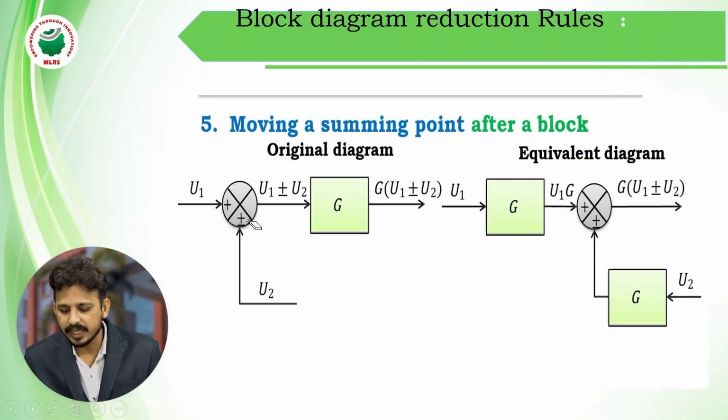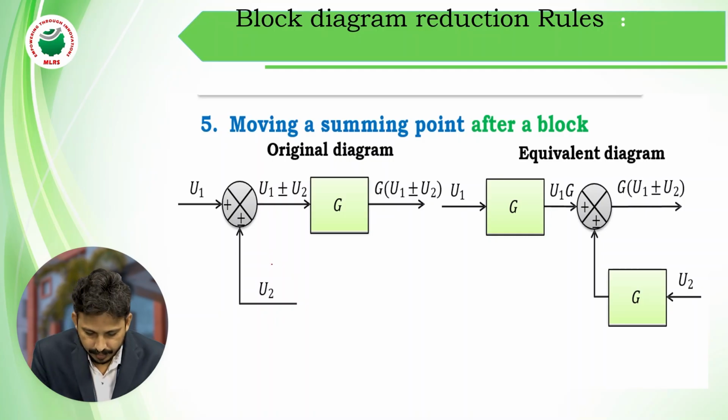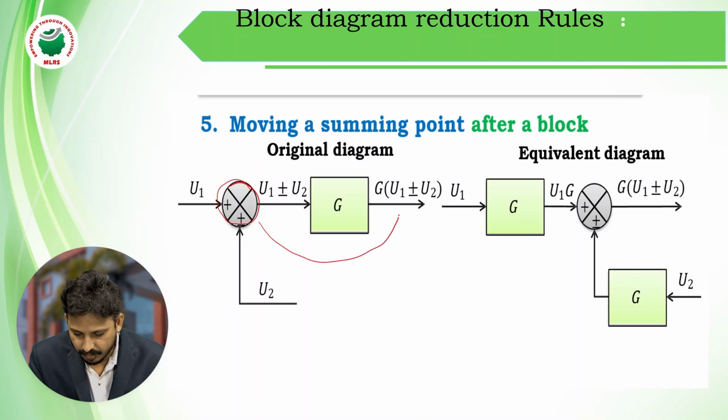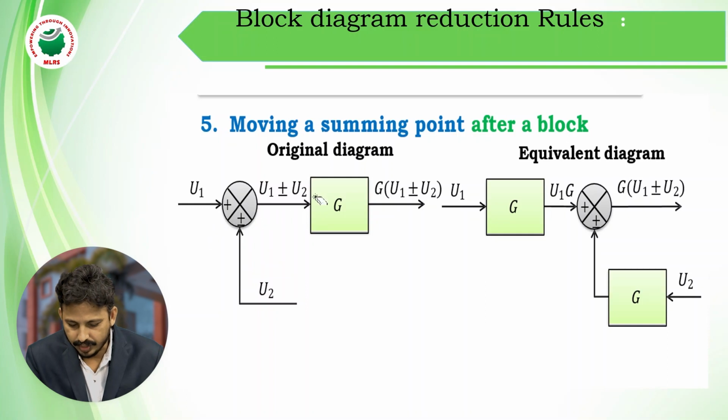Next, moving a summing point after the block. So here it is a summing point. I am moving this summing point after the block. Before shifting this, I have to calculate the incoming and outgoing signals of this summing point. U1 is incoming here and U2 is incoming here.